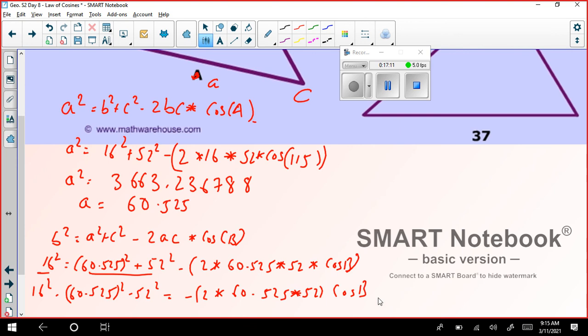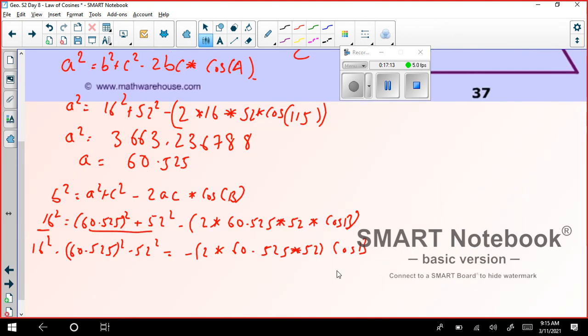Okay, and further, instead of calculating all this and keeping all the decimals, if you want only the final answer, you want to substitute in the calculator. At that time, you can do it in this pattern. You can just keep this as it is and then divide by negative 2 times 60.525 times 52 on both sides.